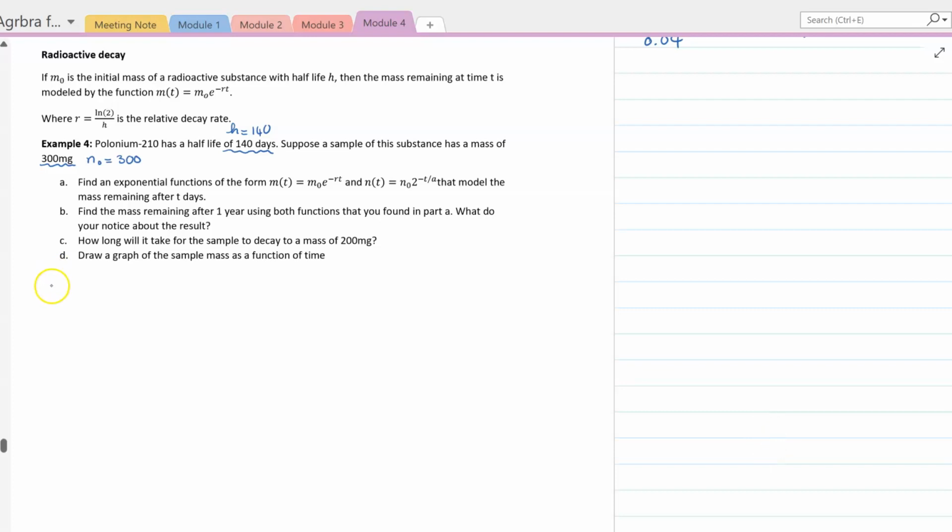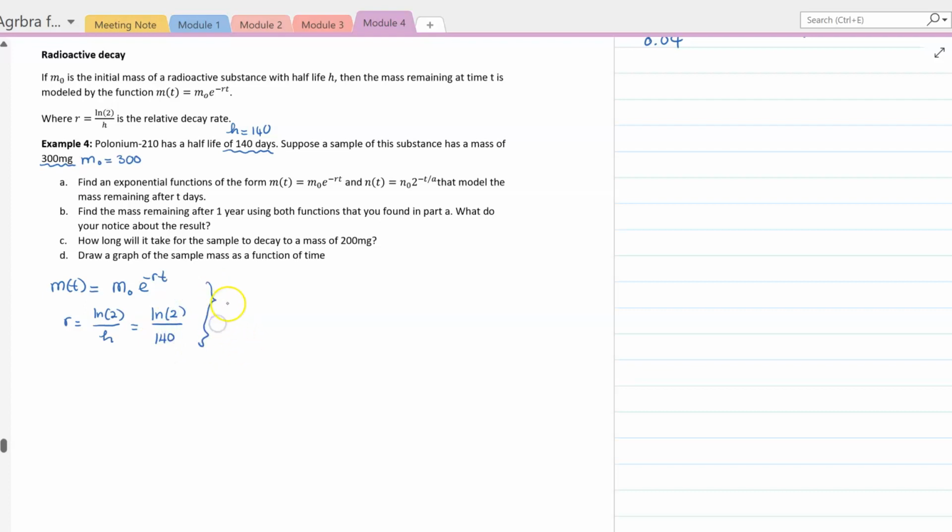So to use the formula, M of T equals M naught times e to the negative RT, we need to figure out what R is. Well, we know that R equals ln of 2 divided by H. To avoid the rounding error from the previous section, I just leave it as ln of 2 divided by 140.